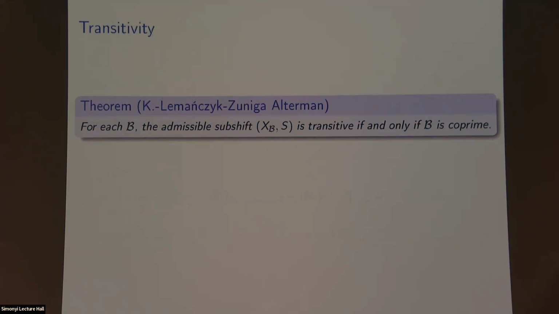Transitivity in the topological sense, meaning that there exists a dense orbit. One of our results is that for any set B, the admissible subshift is transitive if and only if B is coprime.